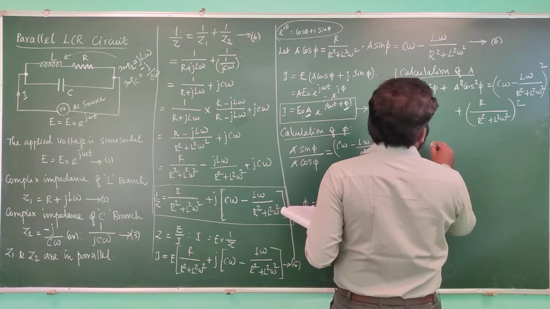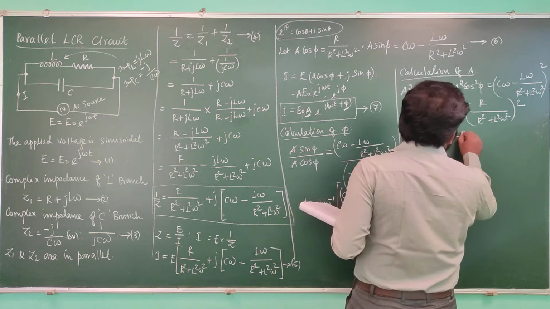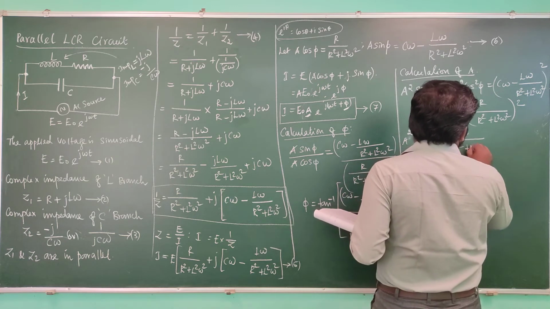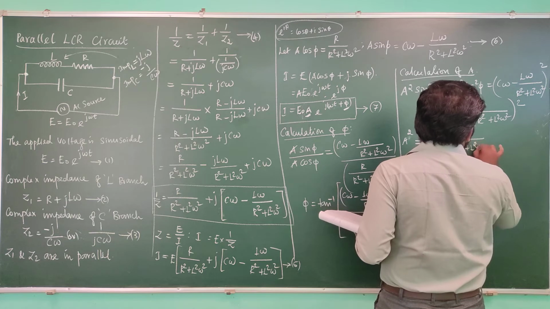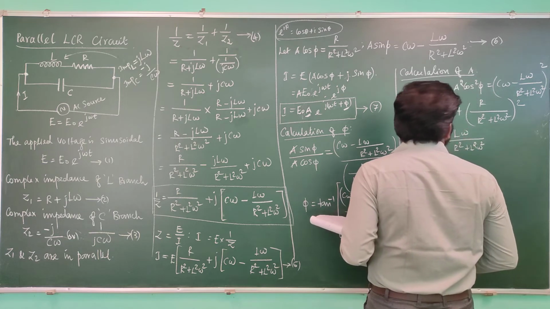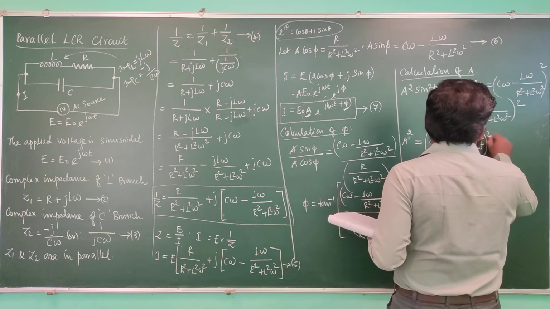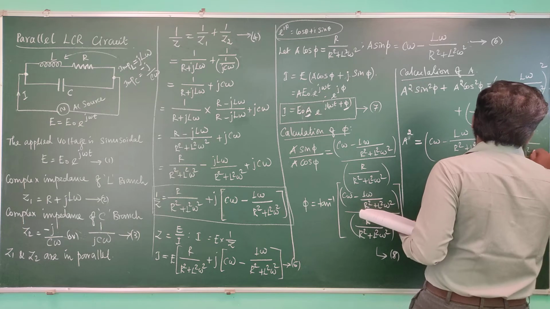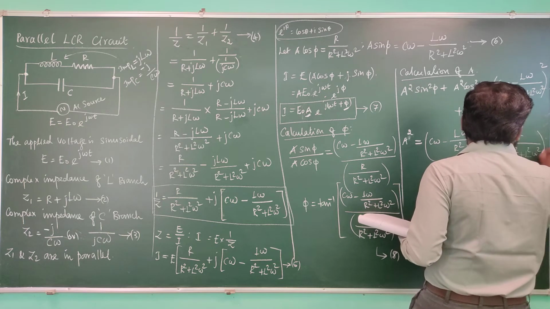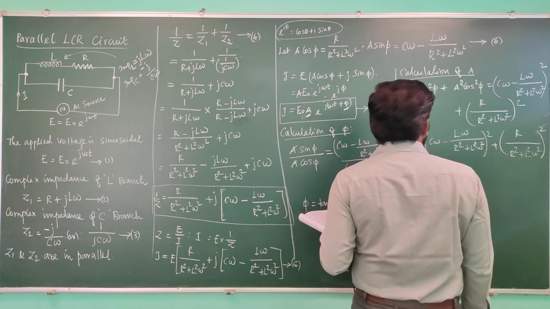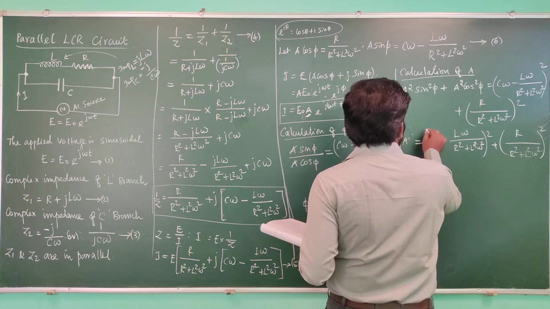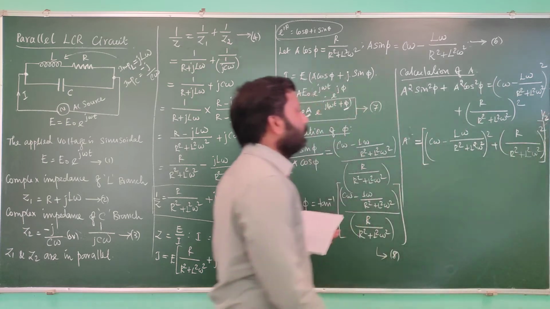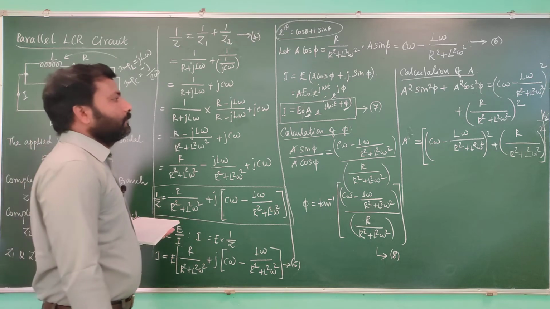So now, a square is equal to (C omega minus L omega) by (R square plus L square omega square), the whole square, plus R by (R square plus L square omega square), the whole square. Now if you want a, you have to take the square root. So this is what a is.